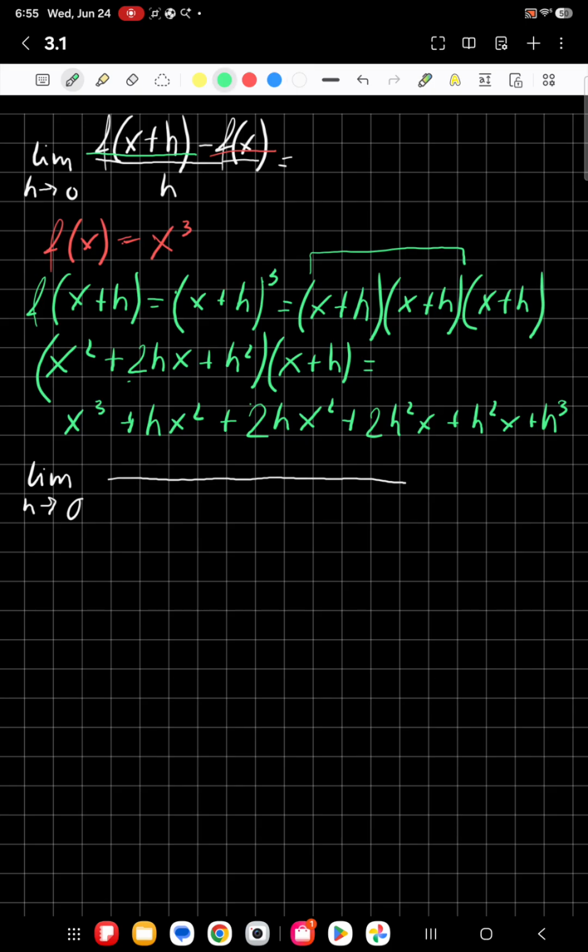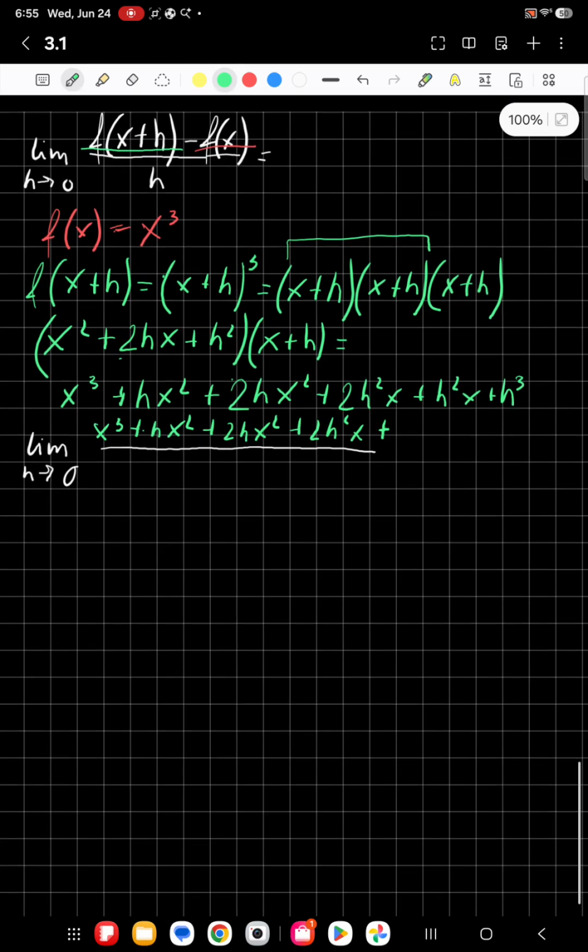So I'll have x cubed plus h x squared, right, plus 2h x squared plus 2h squared x plus h squared x plus h cubed.